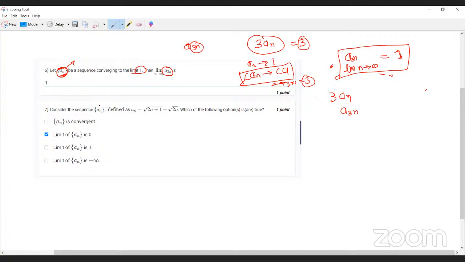You can see, consider this as a_n. Then a_{3n} means I will just consider this as 3n only. So basically, I will get the subsequence of that.